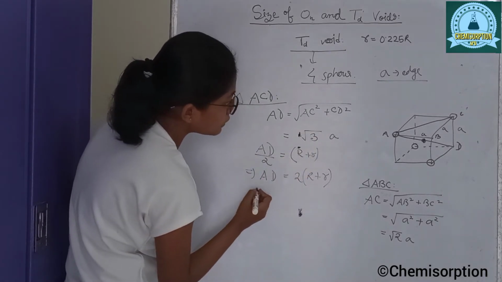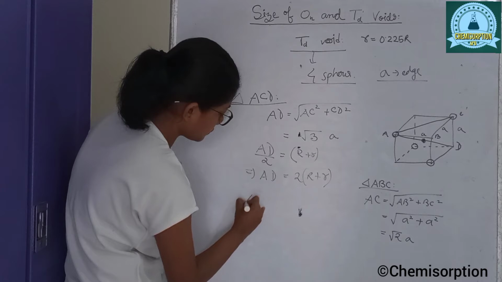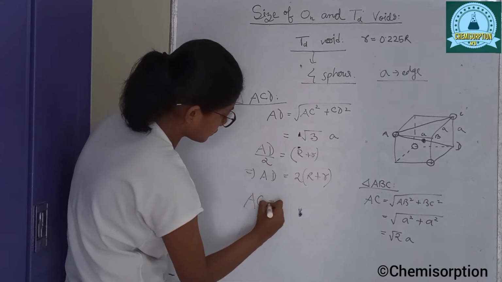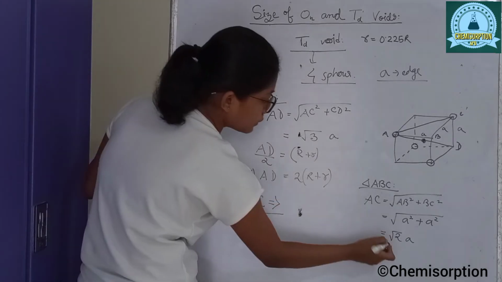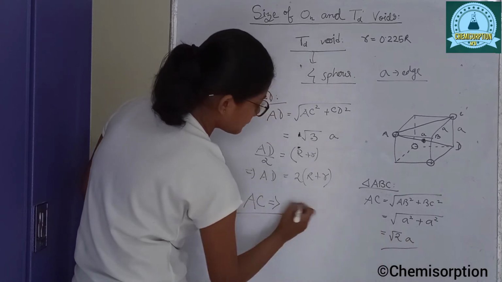Now for AC, we know AC is root 2A, right?